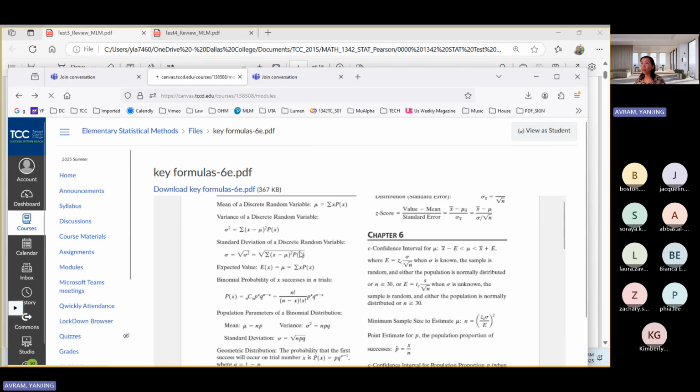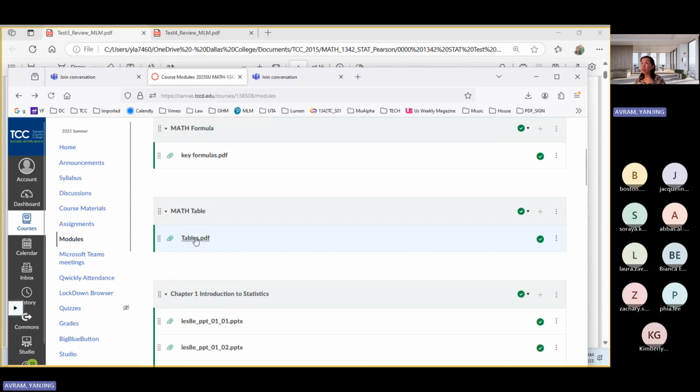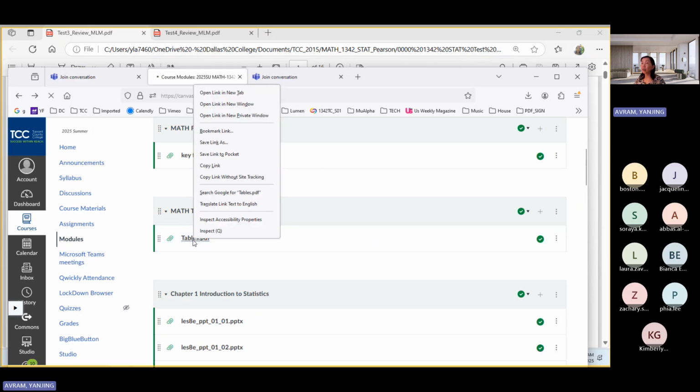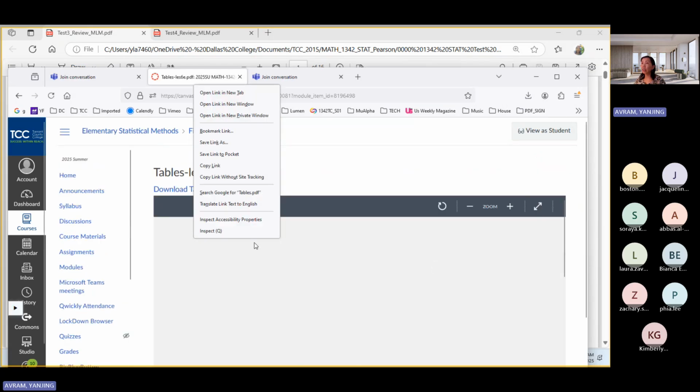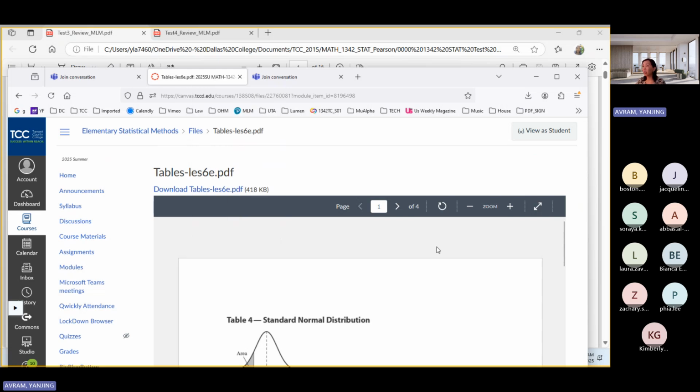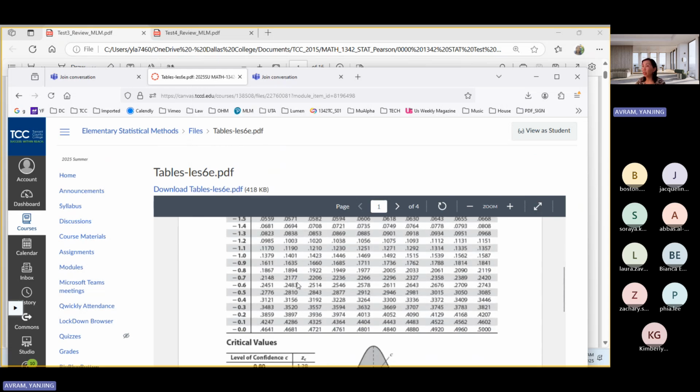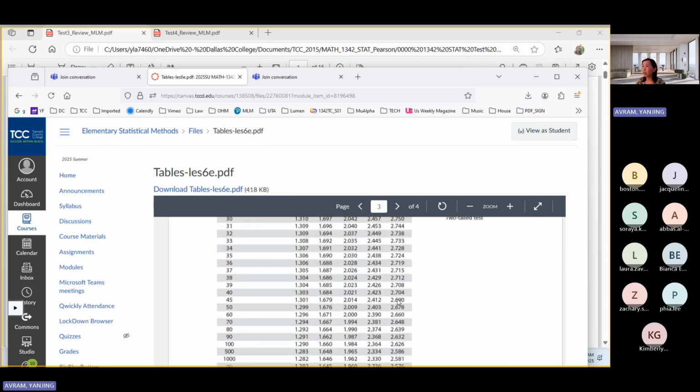And you can also download the table, which is probably easier to read. If you print out your own table, you can highlight it. You can make a little bit of highlight if that helps. So this is the table in here.